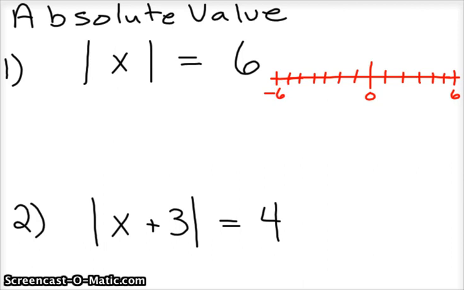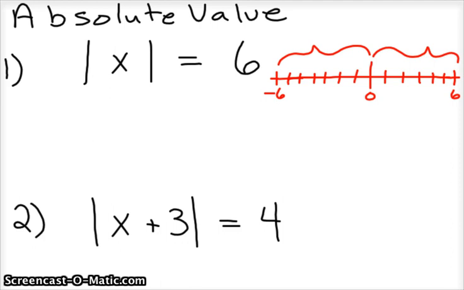This absolute value of x equals 6 is really saying the distance from 0 is 6 units on the number line. So in our case, our distance is 6 to the right, 6 to the left.